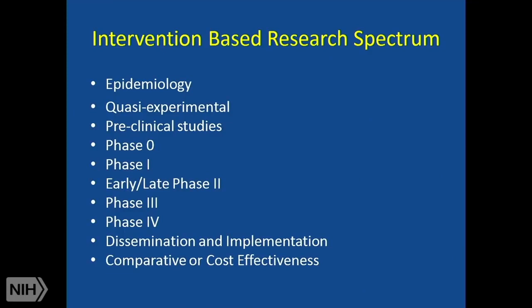Phase 3 are what we typically call pivotal trials. These are your major large efficacy studies. Phase 4, for me in the FDA world, is post-market. We've decided there's efficacy, but if I put this out in the general population, do I still see safety and effectiveness?